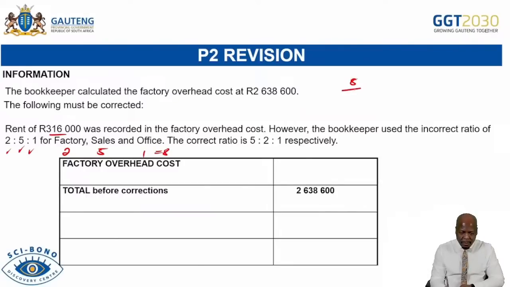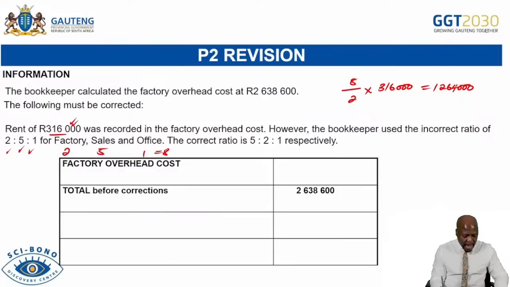That is what I want. And the rent that was given to the factory, how much was given? They gave 2. And how much is that? 316,000. Okay. So how much was the total rent before it was allocated? So I get to come back to the initial rent, which is 1,264,000.